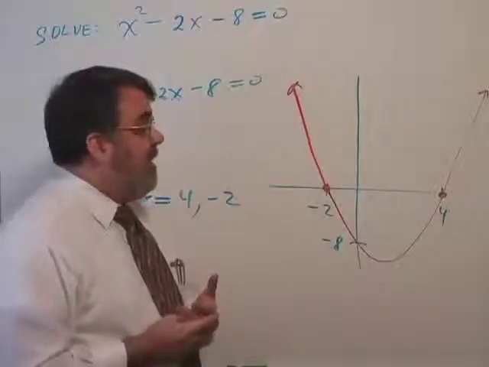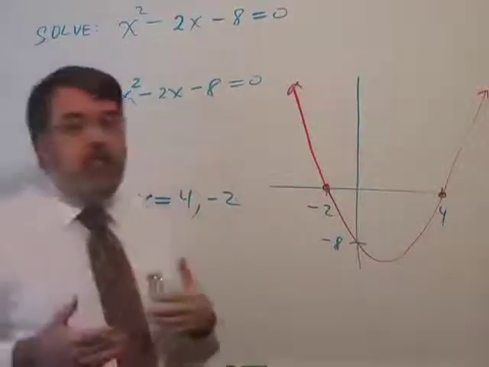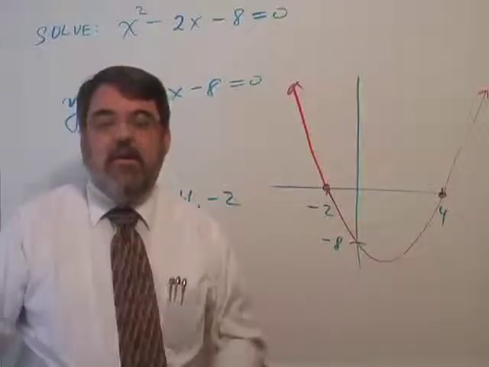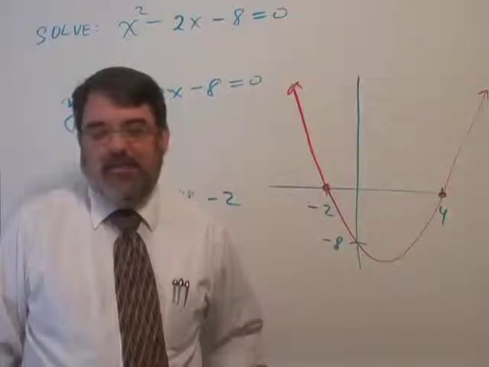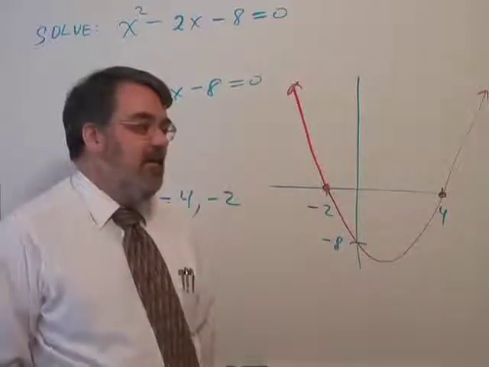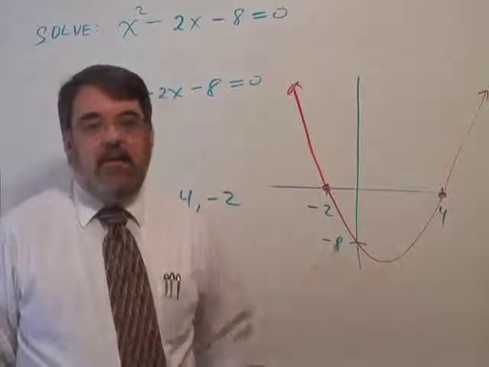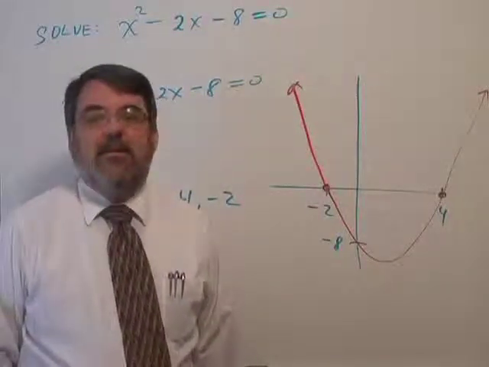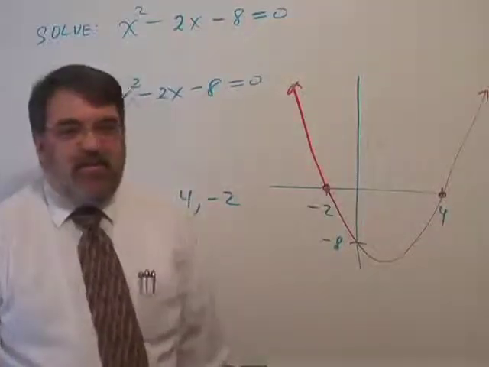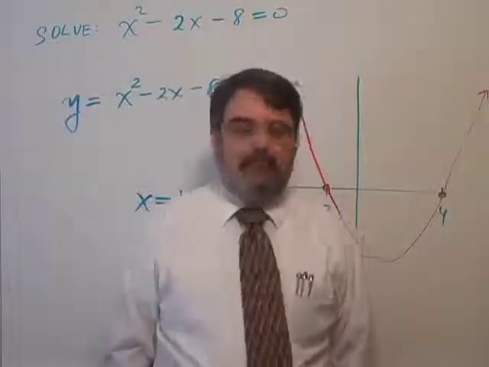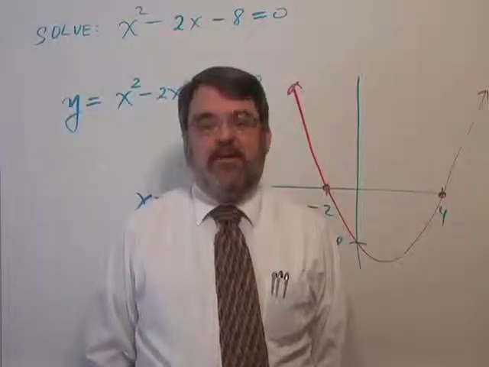So why do we study these? Well, parabolas are one step up in complexity from the lines, linear equations, or straight lines. So they're one step up in complexity, and they show up a lot in physical things. For example, that object flying through the air is a parabola. That's just one place where you see that. All right, I'm going to erase the board and put up another problem for you.